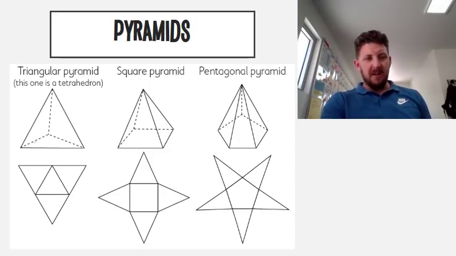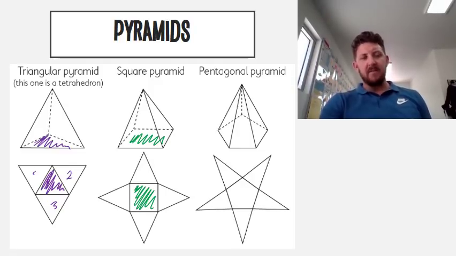Here is my base here, and it is the same as this base here. If I folded down the other 3 sides, which are all triangles, I'd have 1, 2, 3 around the outside. Same thing here with the square. My base is a square, 4 sides on a square.